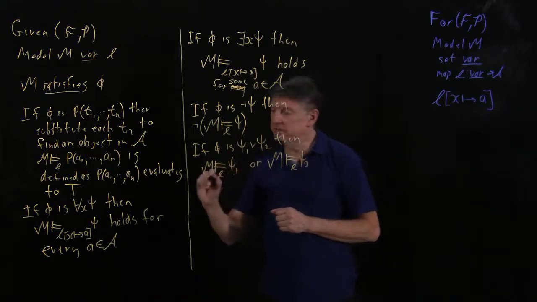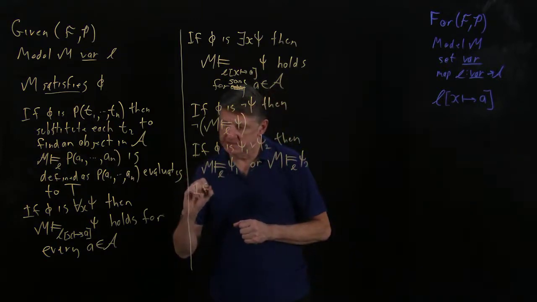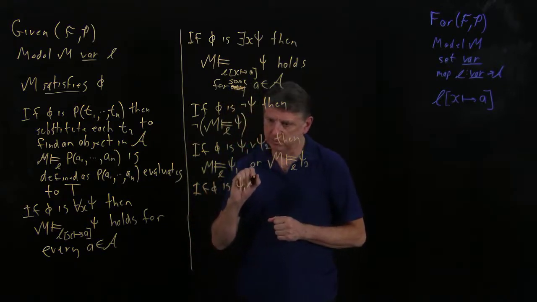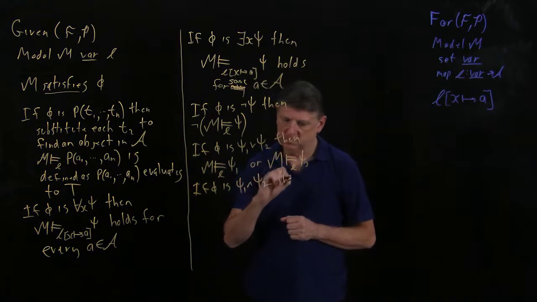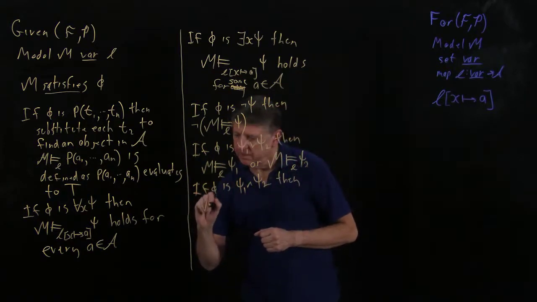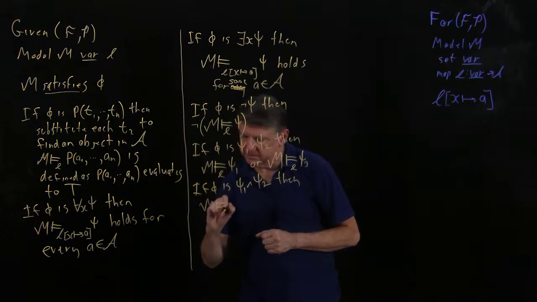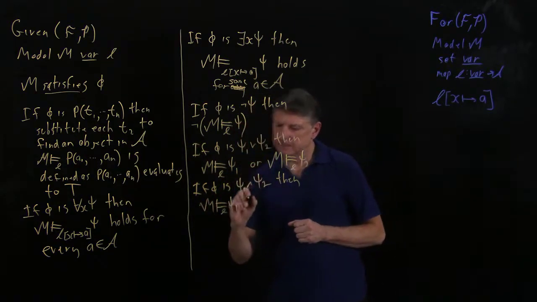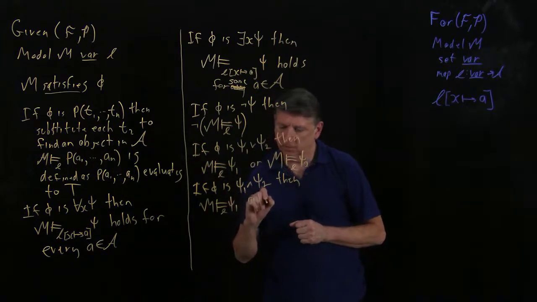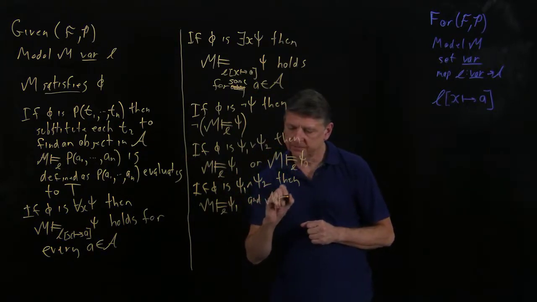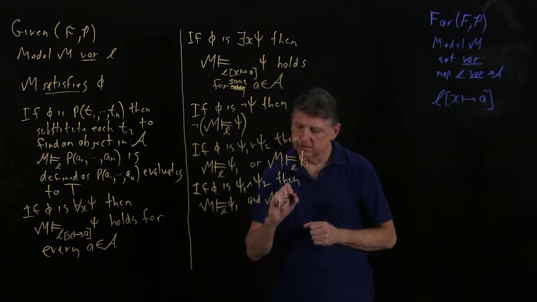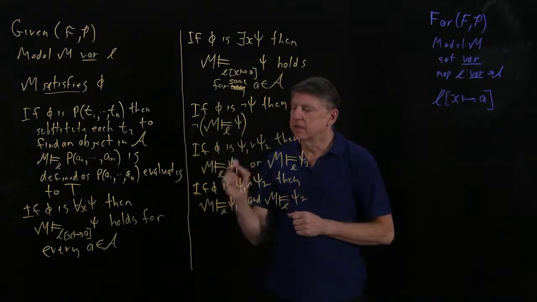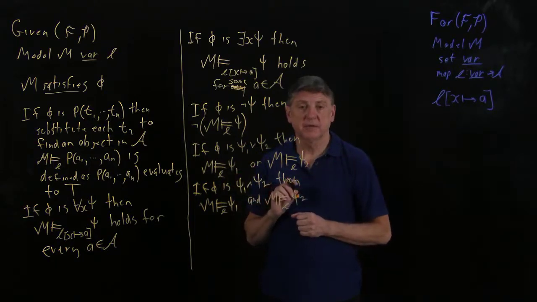Conjunction can be handled similarly. If the formula is a conjunction of psi1 and psi2, then we require that the model satisfies the left conjunct, and we require that the model satisfies the right conjunct. And the final one is material implication.